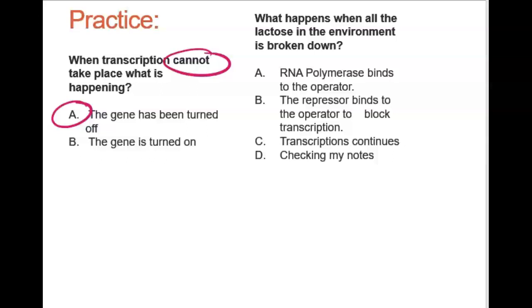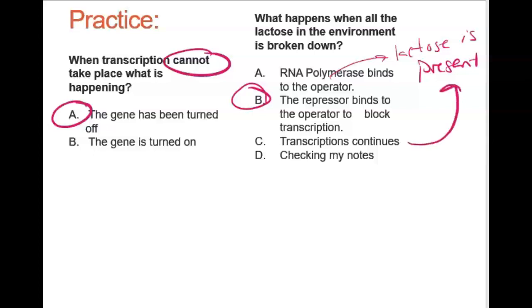So the repressor binds to the operator again to block transcription. Letter A would happen when lactose is present. And C is also when lactose is present.